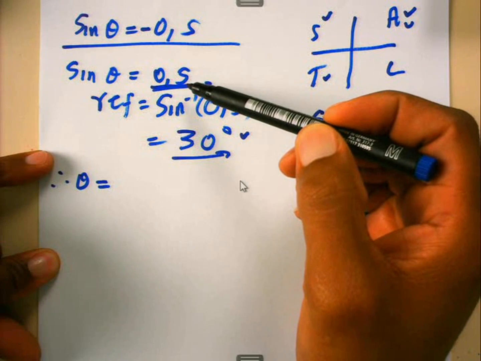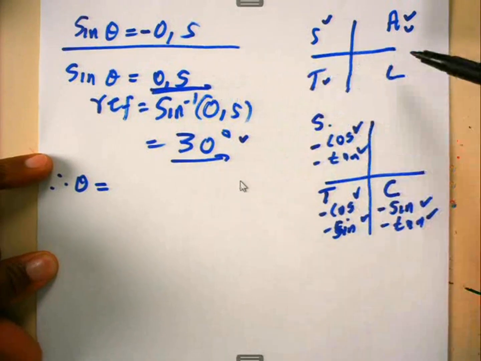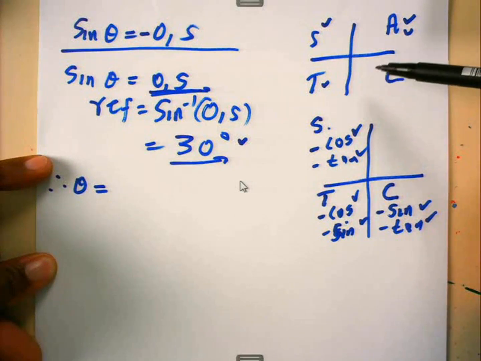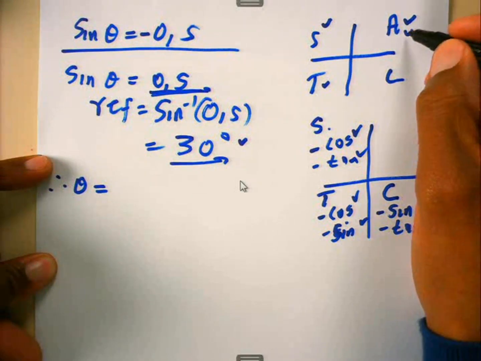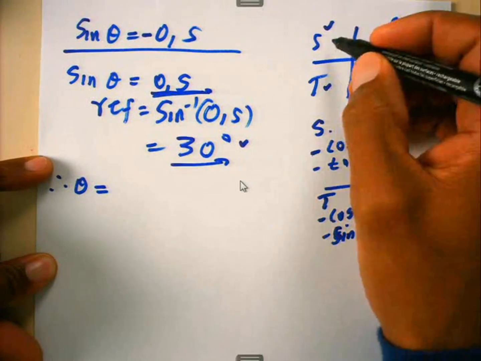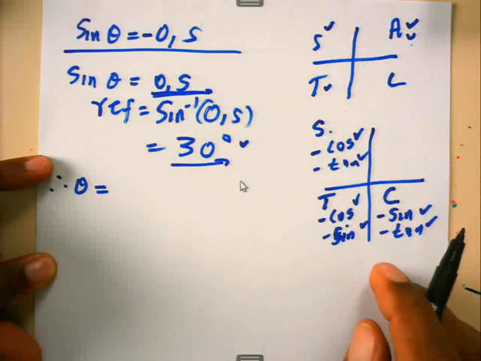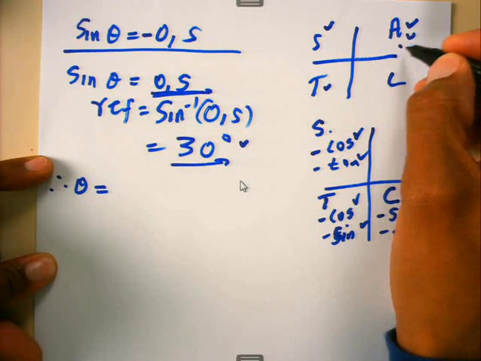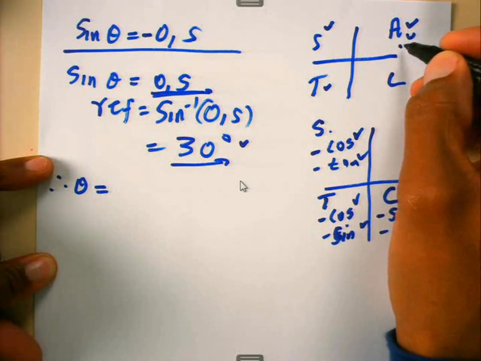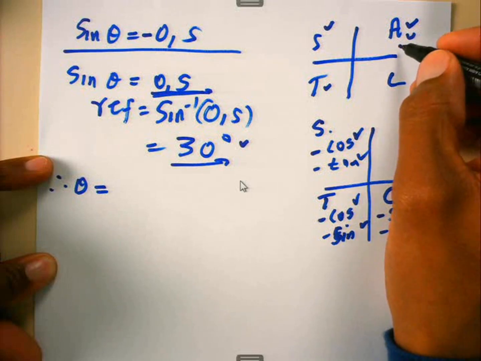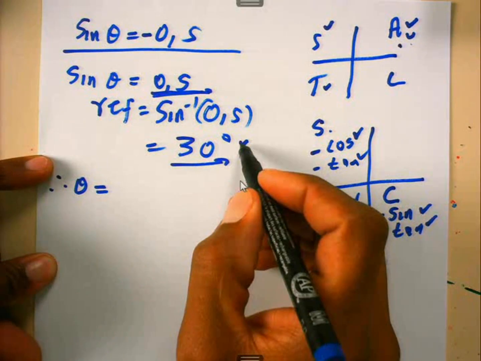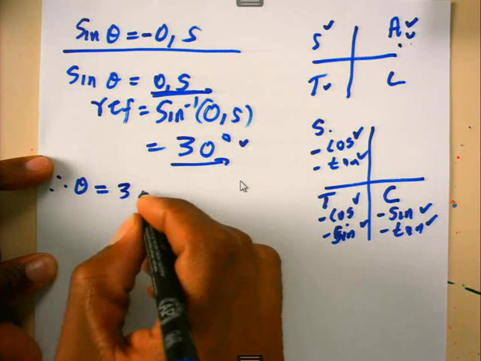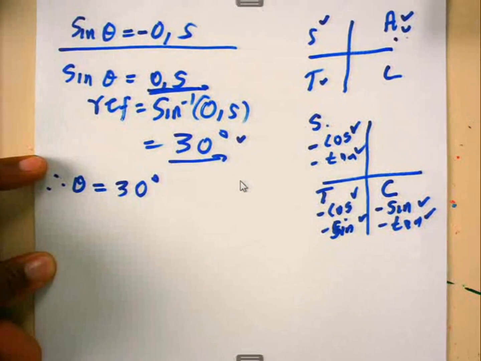If the ratio is positive, I go back to decide in which quadrant sine is positive. Remember, sine is positive in the first quadrant, and also in the second quadrant. If it's in the first quadrant, the answer will be less than 90, which is our reference angle. Then we say, therefore, theta is equal to 30 degrees.